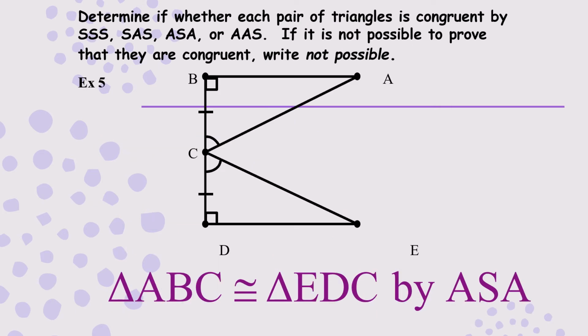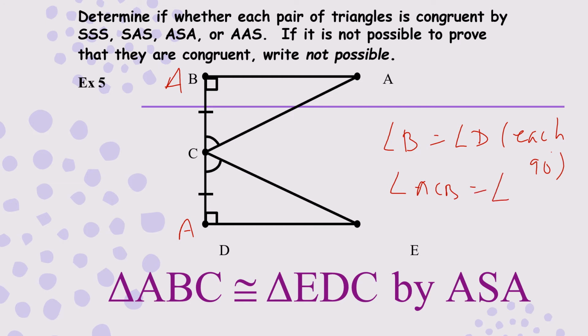Now in the second figure, write down the condition by which they are congruent. So here an angle is given because both are equal to 90 degrees. Angle B is equal to angle D. The reason is each 90 degrees. The second one, angle ACB is equal to angle ECD, that is given.